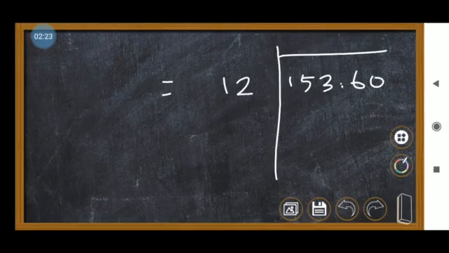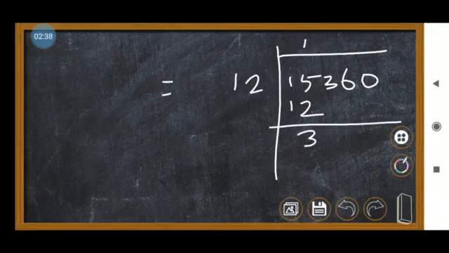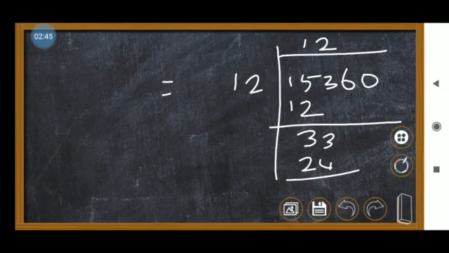Forget about the decimal point for now. 1 12 is 12, remaining 3, here 33 will come. 2 12s are 24, remaining 9, and the 6 comes down making 96. So 8 12s are 96. 96 minus 96 is 0, and here a 0, so 1 0 is there.